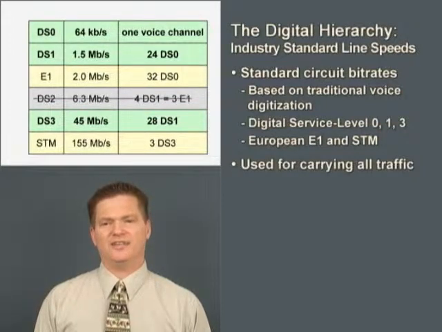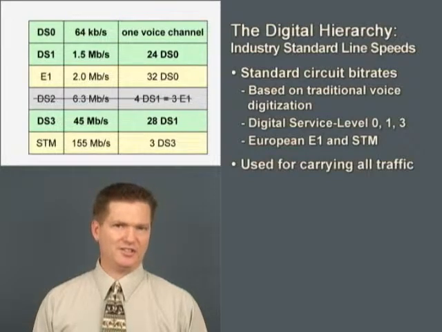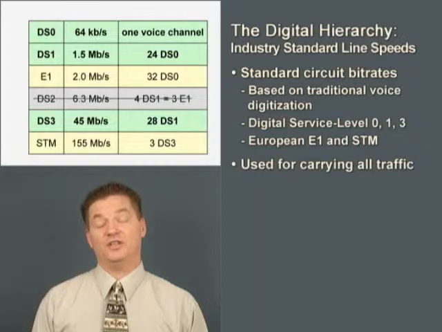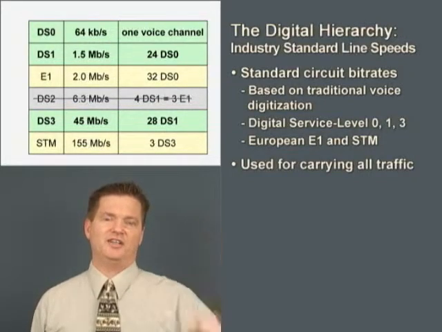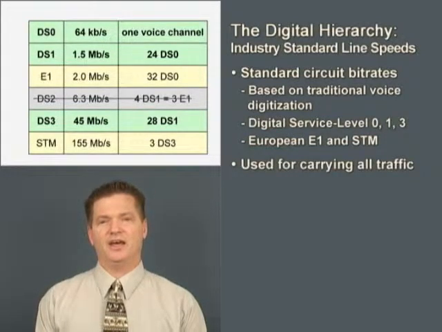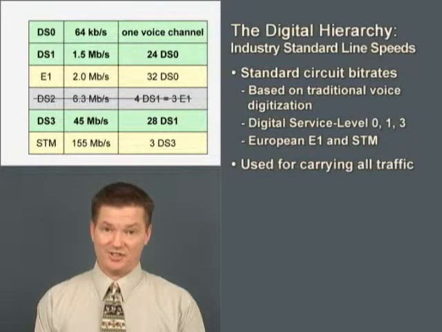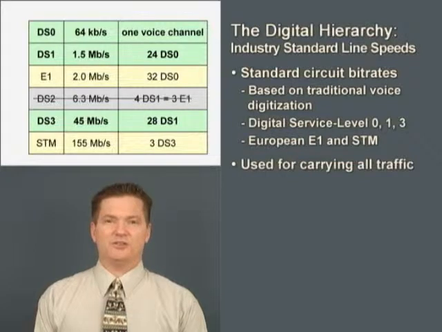There was another one called DS2. That's obsolete now. You never hear anybody discussing DS2. It was a point of commonality between DS1 and DS3, and it was a stepping stone on the way to DS3, but we just skipped directly from DS1 to DS3 now using SONET in North America. DS3 is service level number 3, and it's 45 megabits per second.